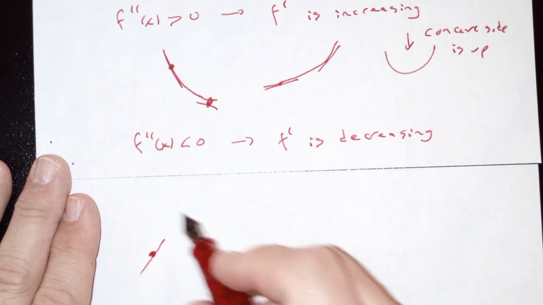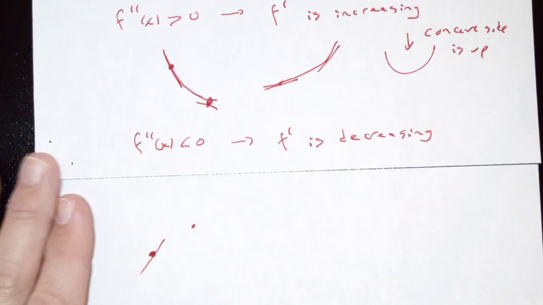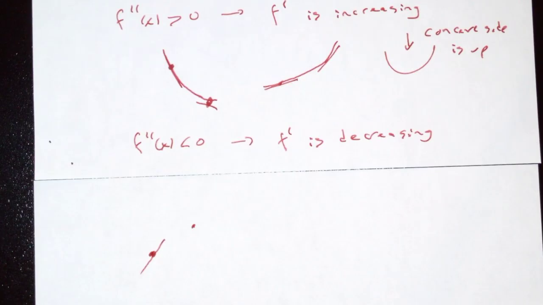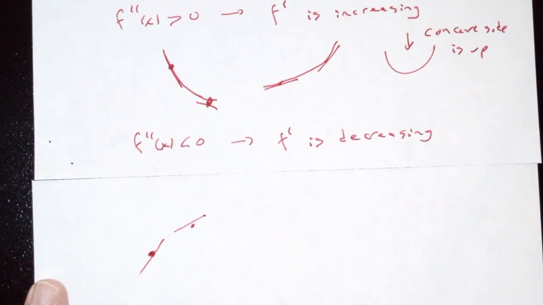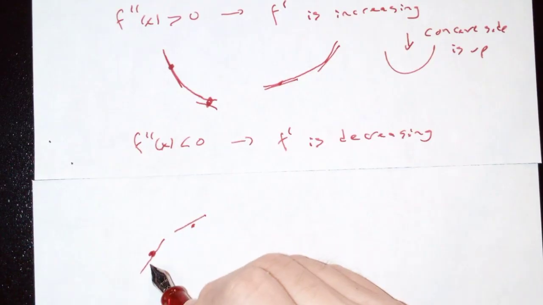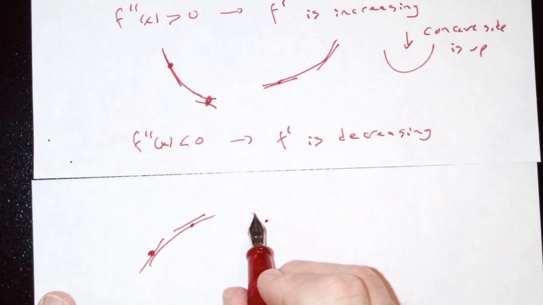What's the line going to look like here? My tangent line. I don't know if it's going to go all the way down, but the slope that is positive is going to get less positive, right? It might actually turn all the way over.